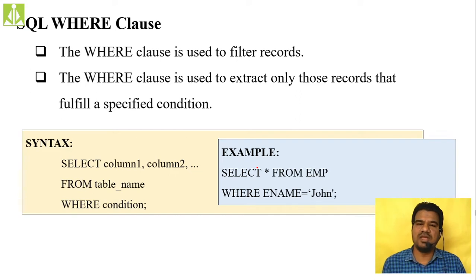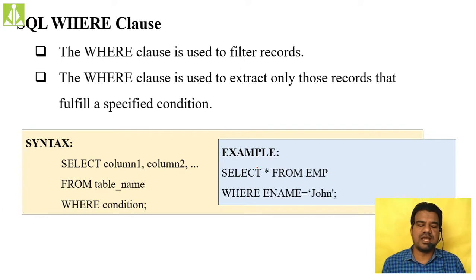The same thing we do over here in SQL, just by making use of this WHERE clause. The WHERE clause is used to extract only those records that fulfill a specified condition. We give a condition, and the records that fulfill that particular condition, the select command or whatever command you are doing, will retrieve only those.